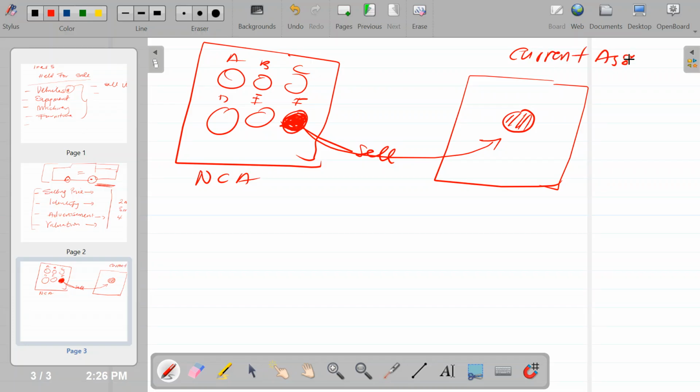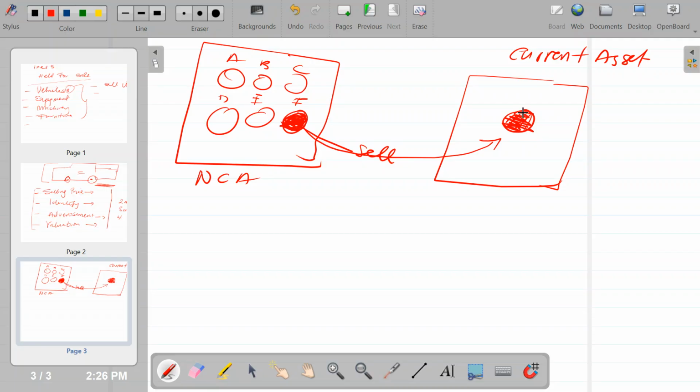Now, why do we move it from non-current to current? That's another question we have to ask ourselves. The standard says if you want to sell a non-current asset, we have to move it from the non-current category and add it to the current assets. The reason is because this asset is expected to be sold within a short period.